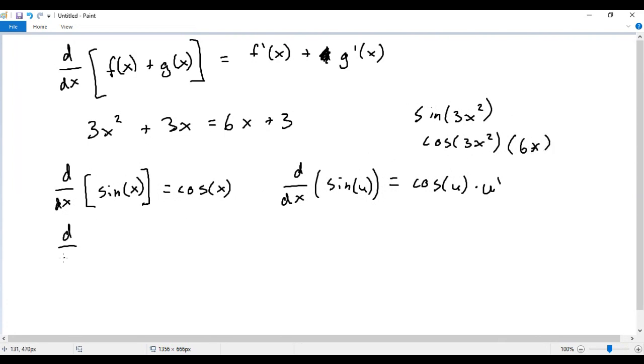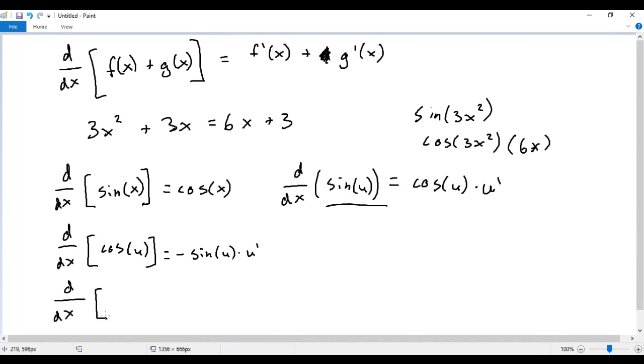And for cosine, I'm going to again put it in the form of this u. The derivative of cosine of u is equal to negative sine of u times u prime. And lastly, the derivative of tangent is equal to secant squared of u times u prime.